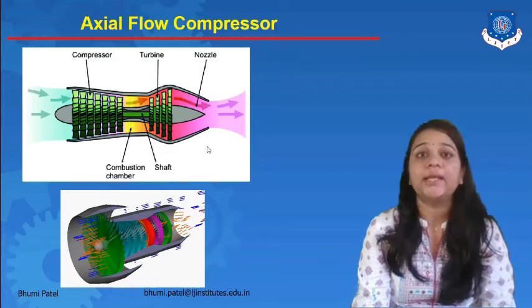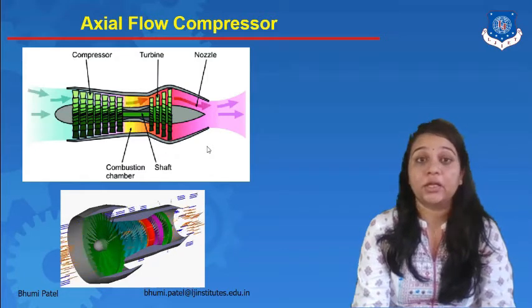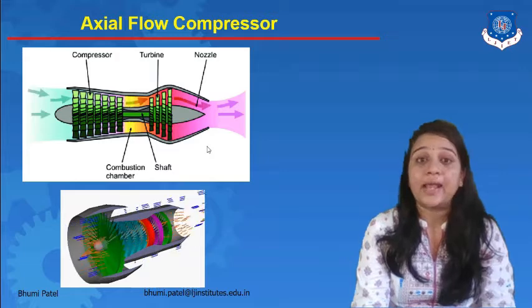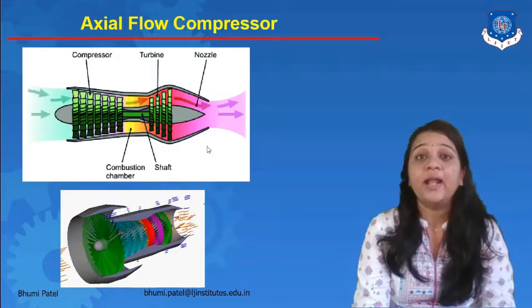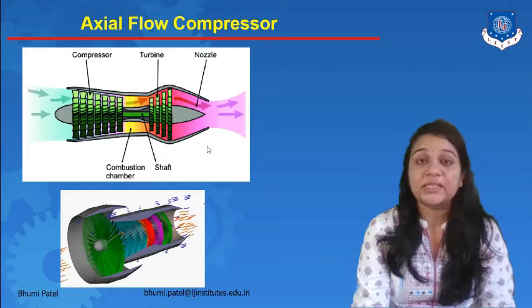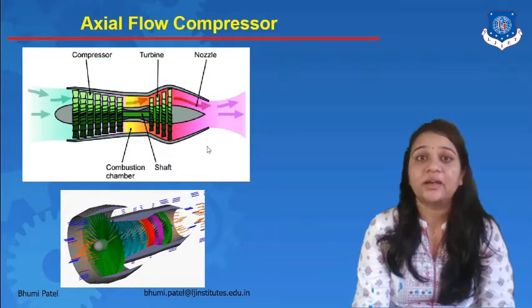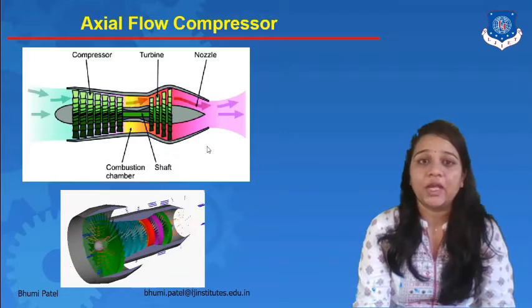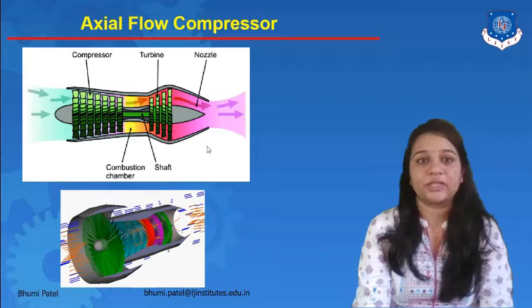Generally in the axial flow compressor, the flow rate is as high as 1 lakh cubic feet per minute, and the pressure is the same as in the centrifugal compressor machine.